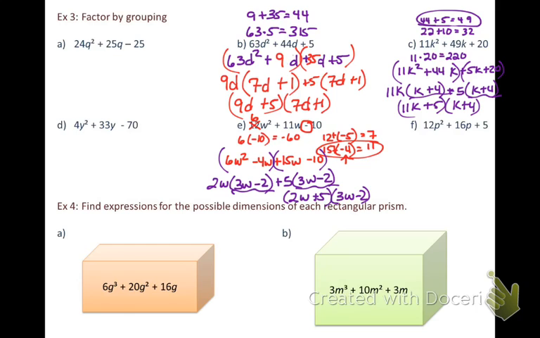Let's look at example 4. Now we're taking some ideas from example 2 and some examples from example 3 and putting them together. So first of all, what number can be taken out of both 6, 20, and 16?